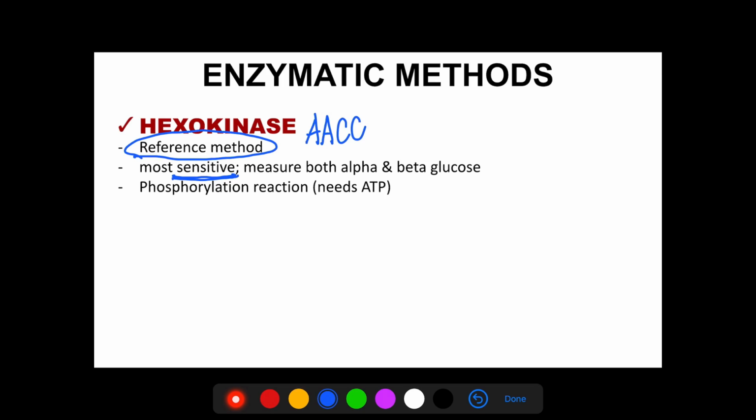It is specific because of the secondary enzyme reaction, so you will see it later. Also, this is a type of phosphorylation reaction, so it needs the presence of ATP. And unlike GOD, this measures both the alpha and the beta glucose.